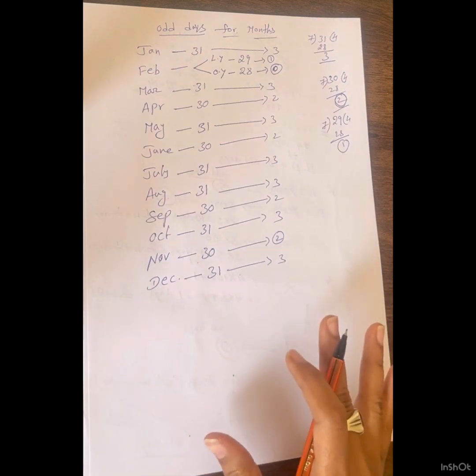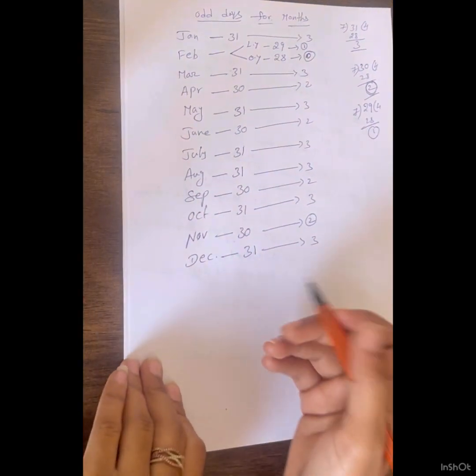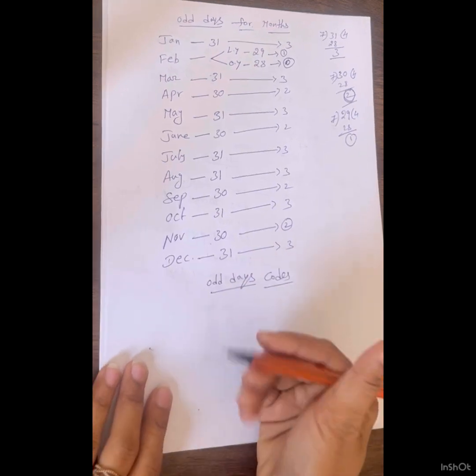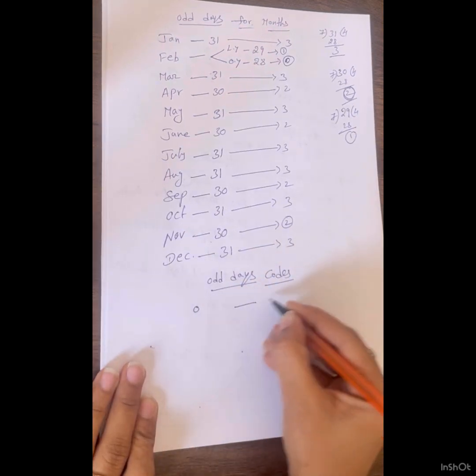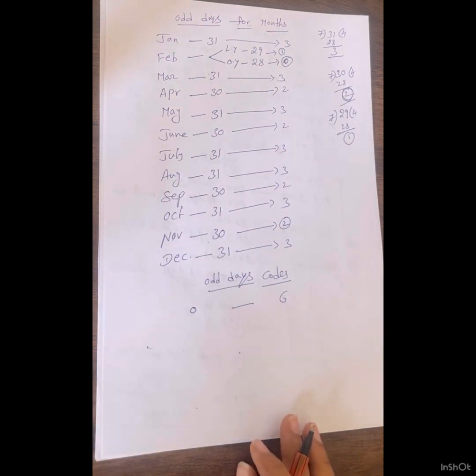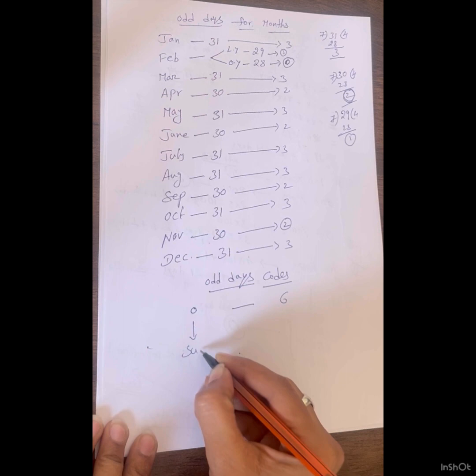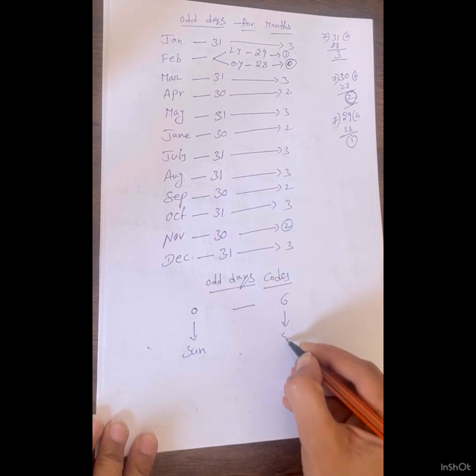Okay, this is the most important: the odd days codes are most important. Odd days codes mean 0 to 6. 0 to 6 represent the odd days codes. 0 represents Sunday and 6 represents Saturday.